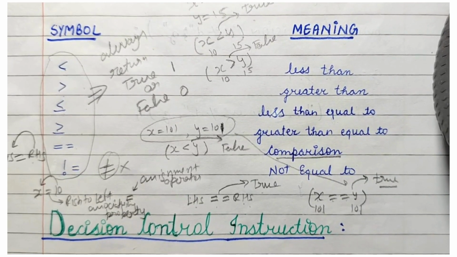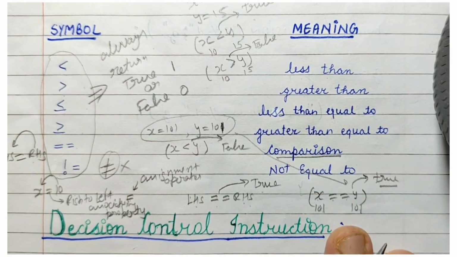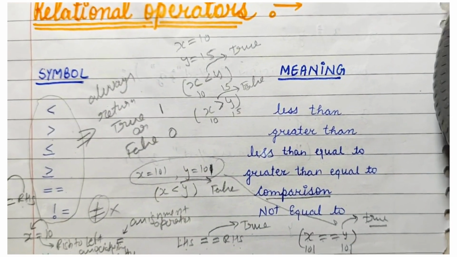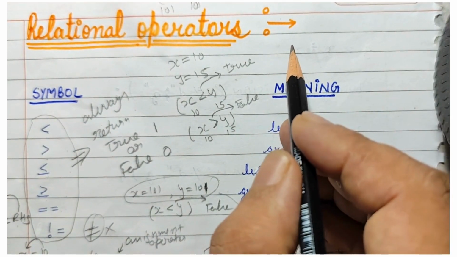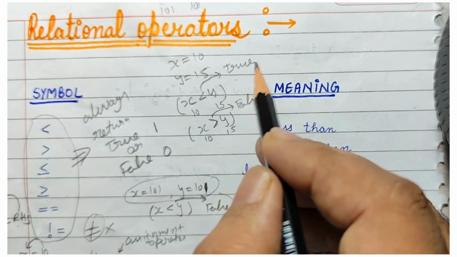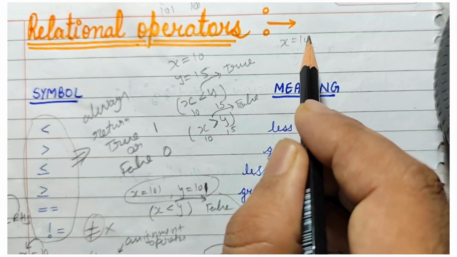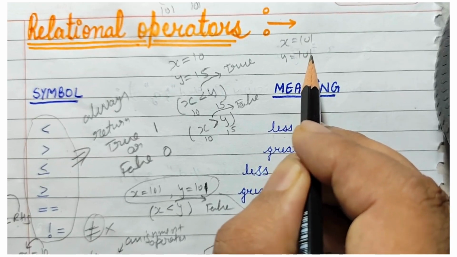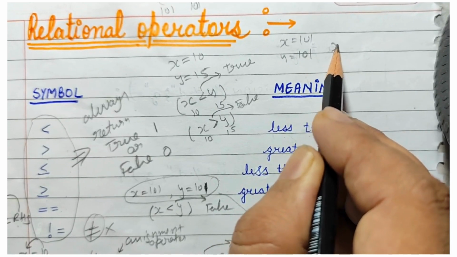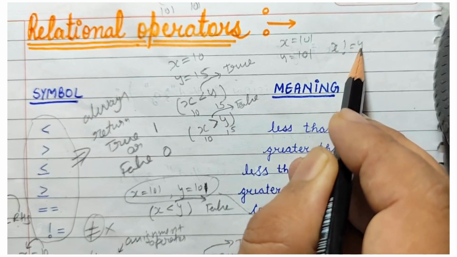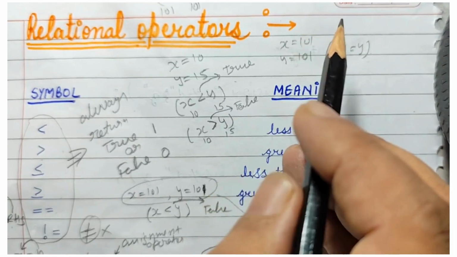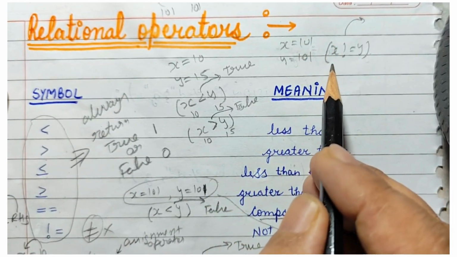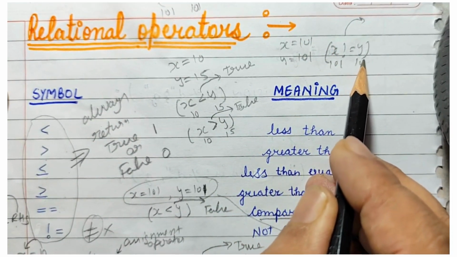Next we discuss the not equal to operator. Suppose for these values x is equal to 101 and y is equal to 101, I use the operator x is not equal to y. What will it return? x is equal to 101, y is also 101.